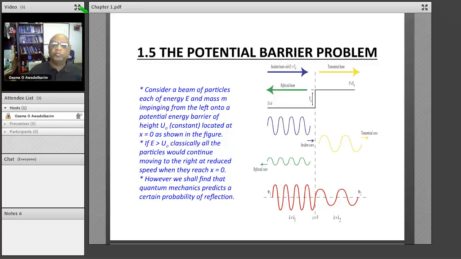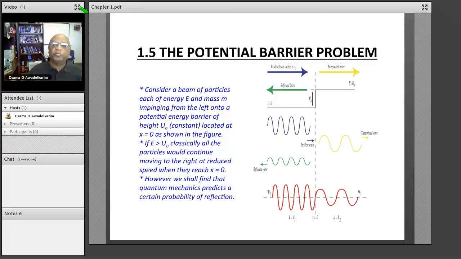Apparently, this energy barrier exists at x equals 0. So this is a one-dimensional problem along the x-axis, and we have particles, each particle of energy E incident on an energy barrier of height U naught. And apparently the energy E of each particle is higher than the barrier height. So that's what we have here.